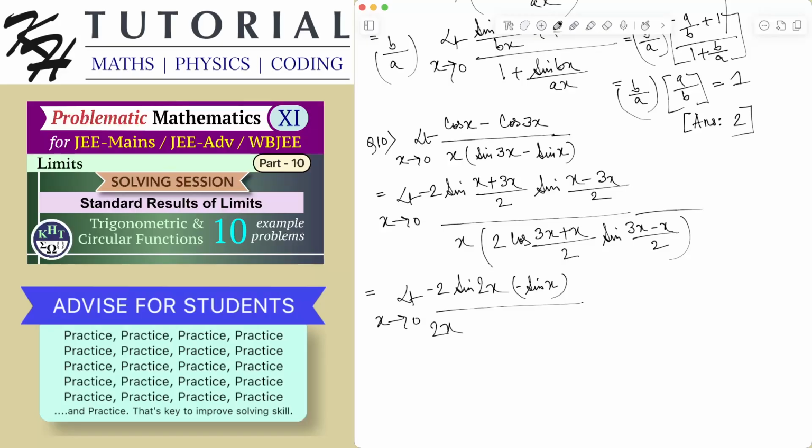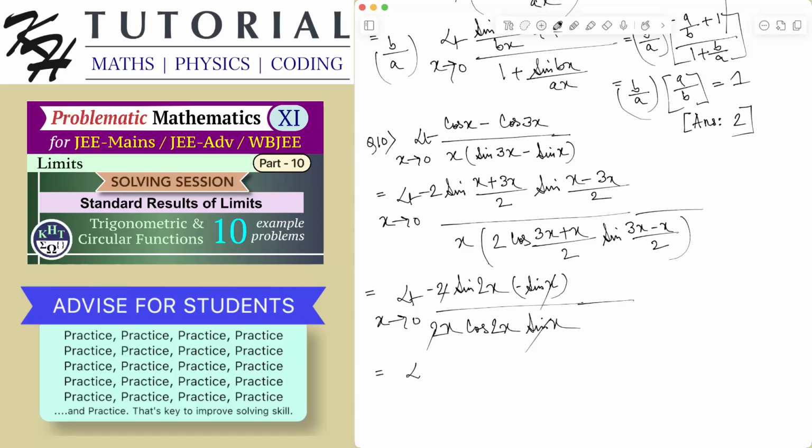Cos 3x plus x by 2 is cos 2x, and sin 3x minus x by 2 is sin x. So this becomes 2 cancels out, negative sign cancels out in the numerator, sin x cancels out.